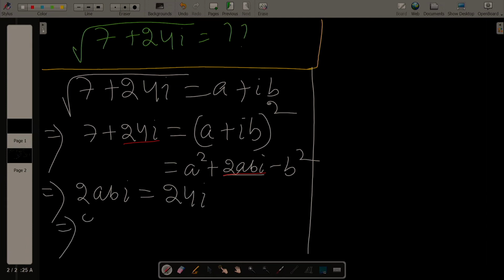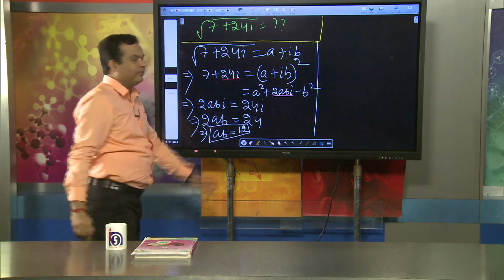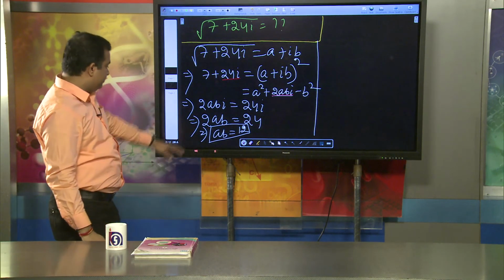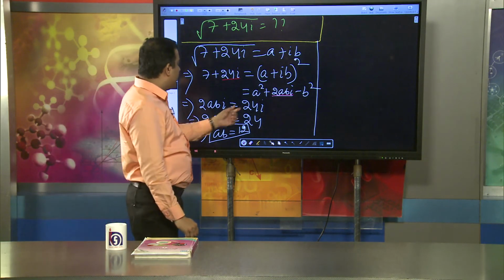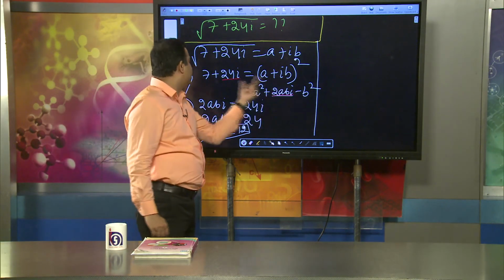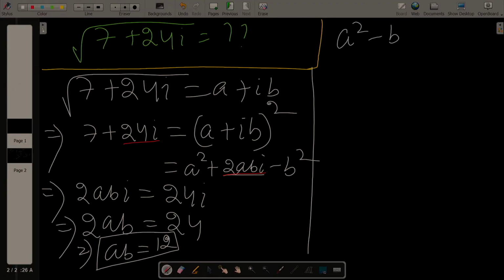Right now we can write 2ab equal to 24, so ab equal to 12. Suppose we have found ab equal to 12. Now if you compare the real part, a square minus b square equal to 7.